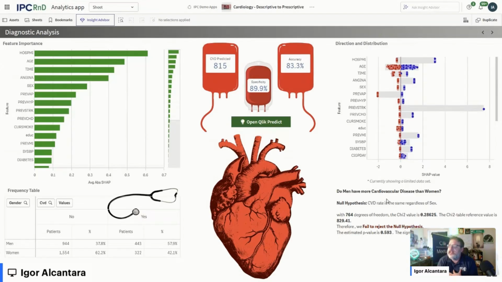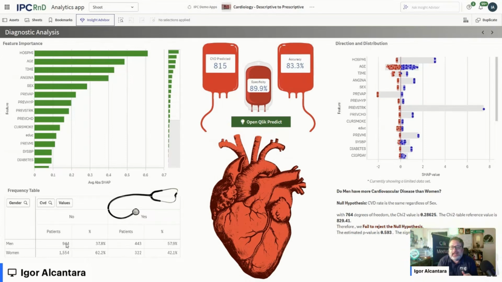So I'm realizing that most of my patients predicted, that's what I have on the table here, to develop cardiovascular disease are men. They represent most of the patients, but they have the lowest population in terms of gender.